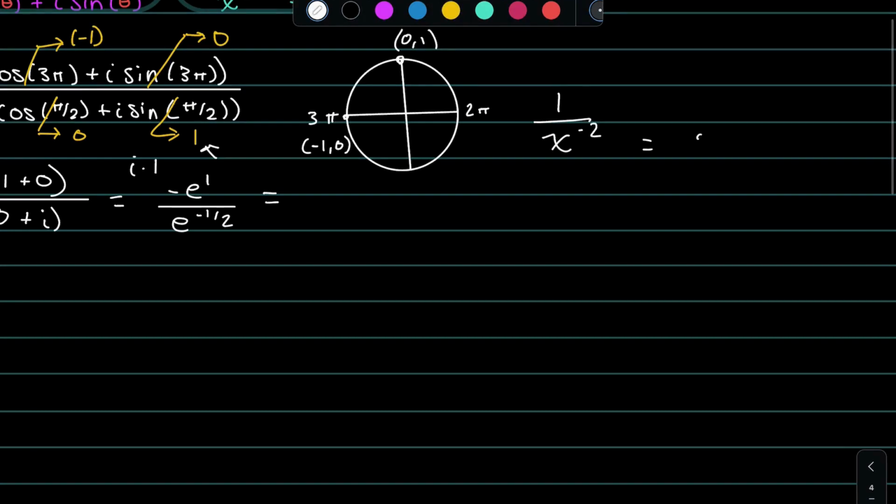We can bring it up to the numerator as just x to the 1/2. So kind of like an inverse function, okay? And so from this we get negative e times e to the 1/2, okay?